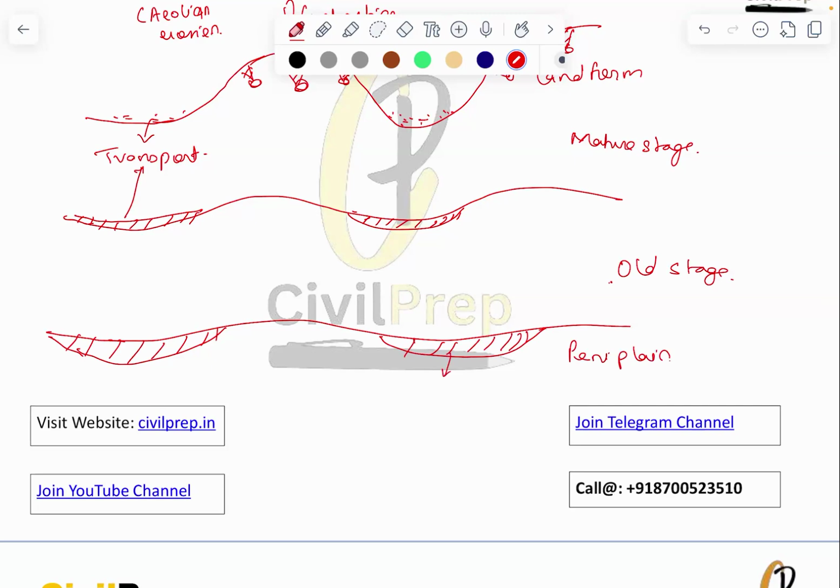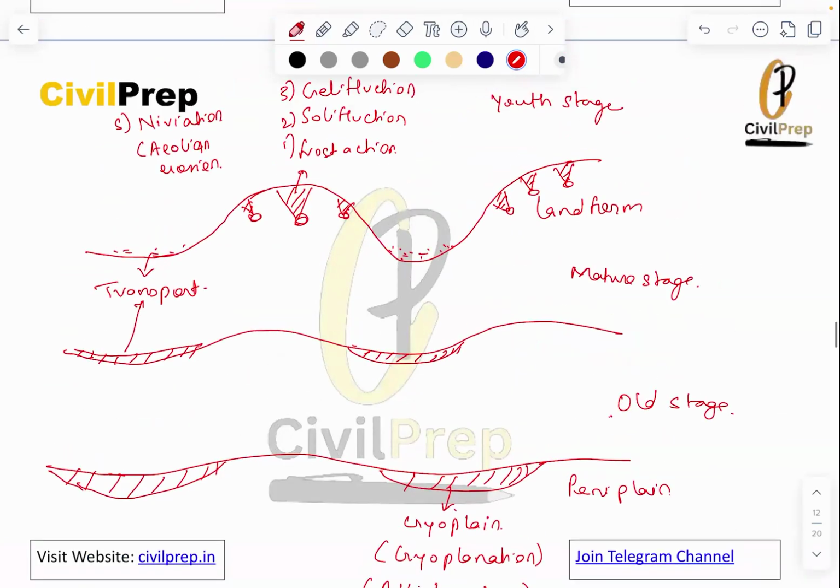The landforms which are formed in the old part are also called cryoplane, and the process is called cryoplanation. This is also called the process of altiplanation. So all these processes are acting here: jellyfluction, solifluction, cross section, nivation process. All these things are happening here.